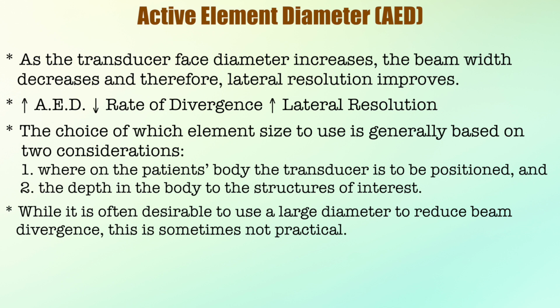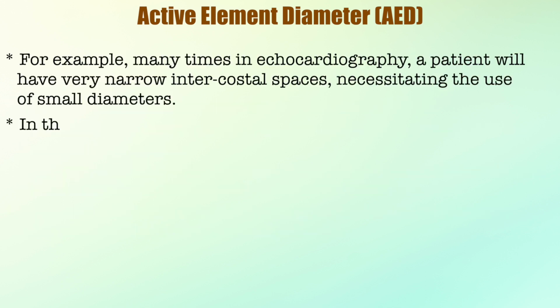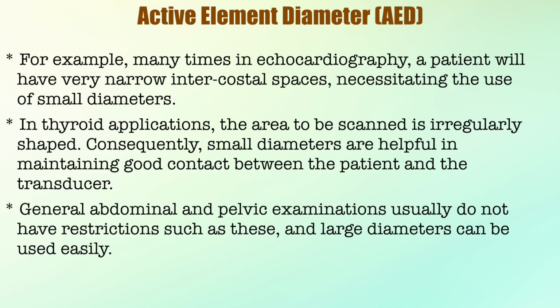While it is often desirable to use a large diameter to reduce beam divergence, this is sometimes not practical. For example, many times in echocardiography, a patient will have very narrow intercostal spaces necessitating the use of small diameters.